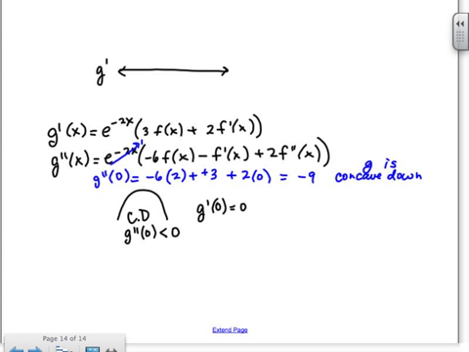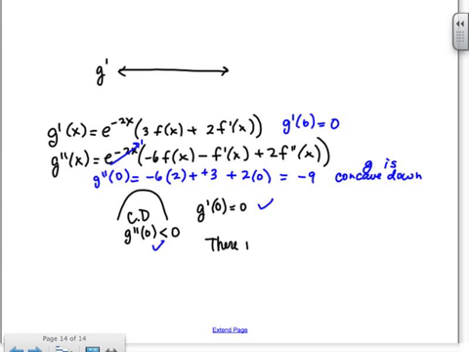And I'm going to write g, so I'm very specific. I'm talking about what function is concave down. And then I also know that g prime of 0, we had to find that already. G prime of 0 was 0. So since I know that g prime of 0 is 0, and it's concave down at 0, by the second derivative test, I can say that there is a max.